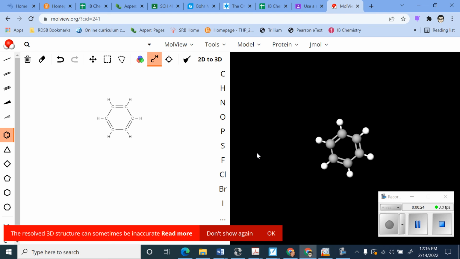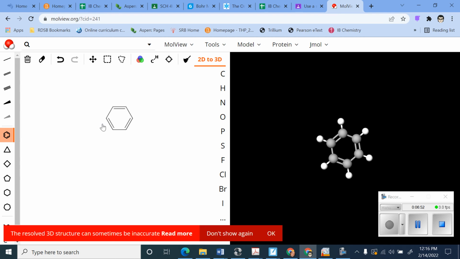But building that structure with its alternating double bonds is important. Sometimes benzene is shown just like this, without any hydrogens at all.